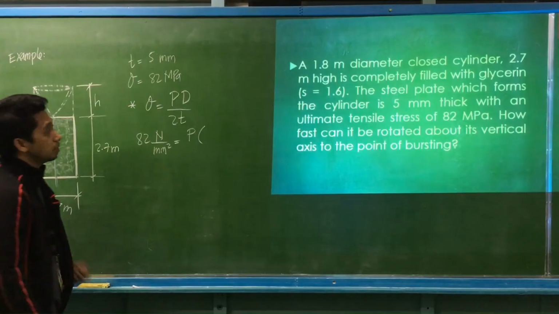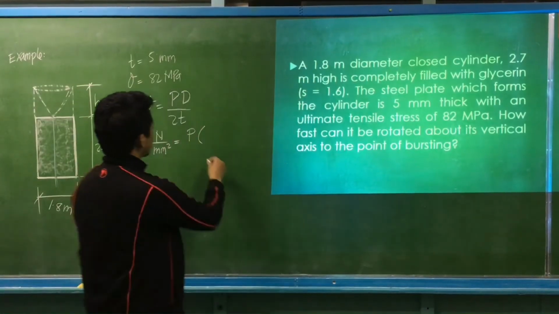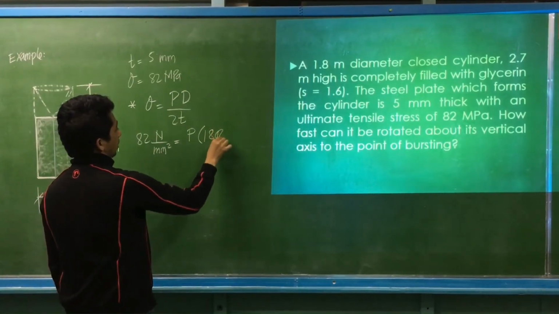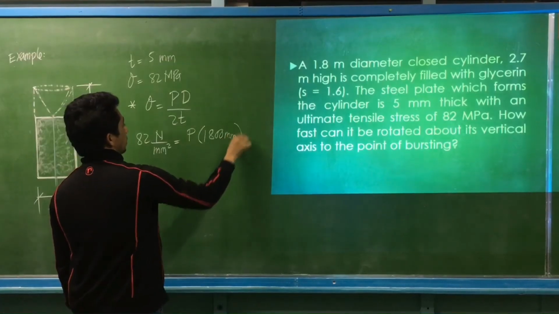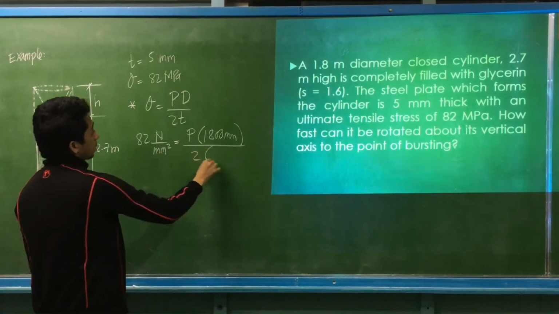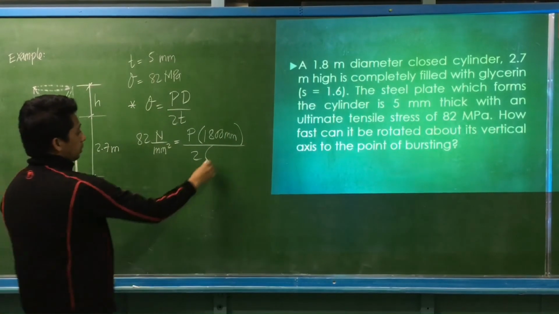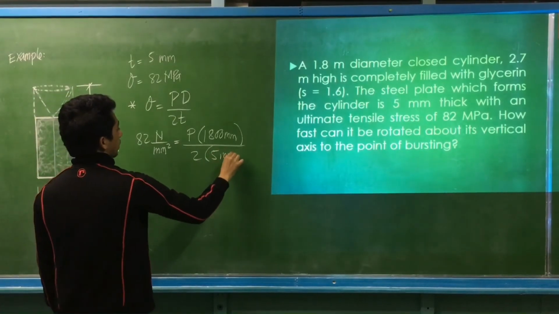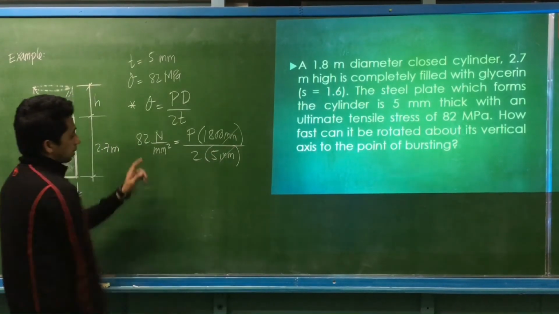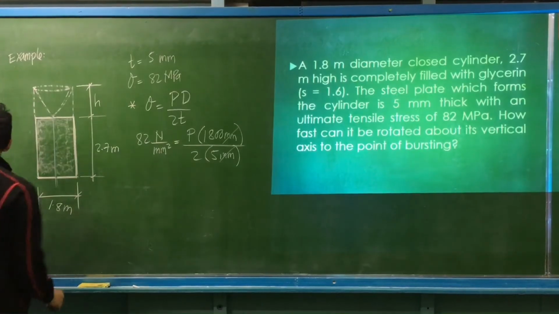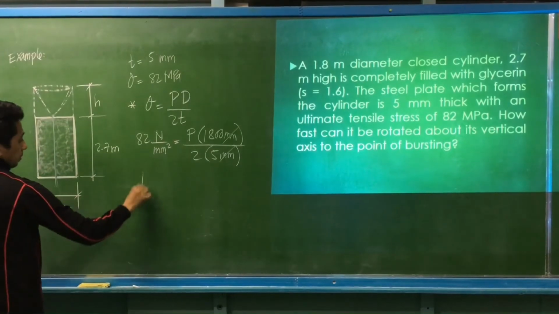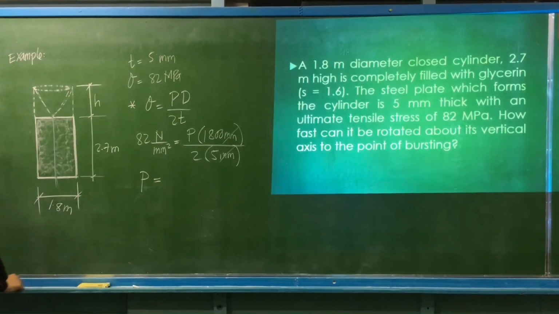We have 1.8 meters, or that is the same as 1,800 millimeters. This is divided by twice the thickness. The thickness is equal to 5 millimeters. Para lang consistent tayo sa unit of using MPa. So we'll be having the pressure.